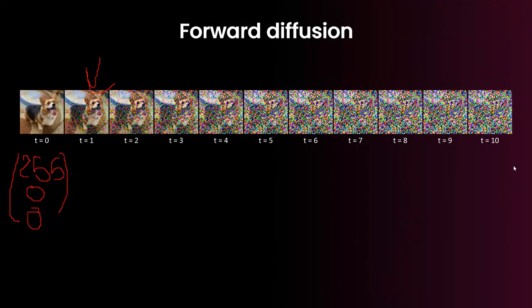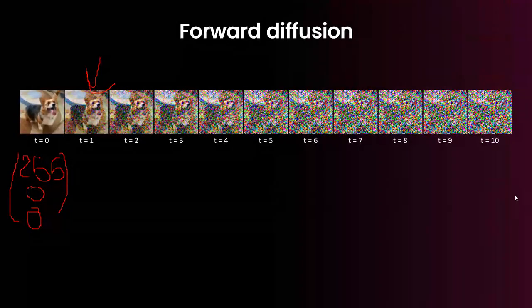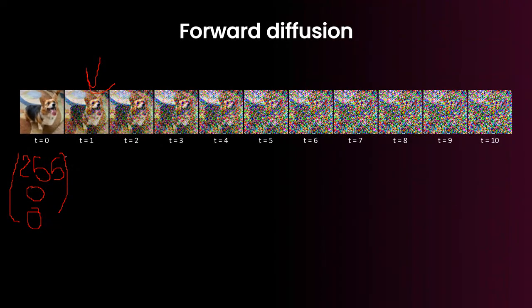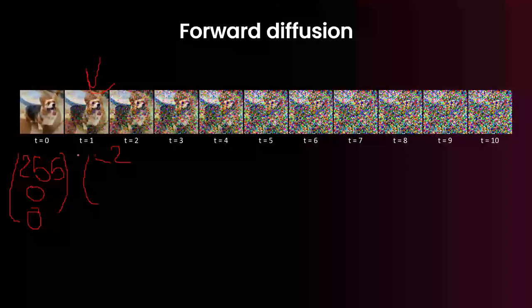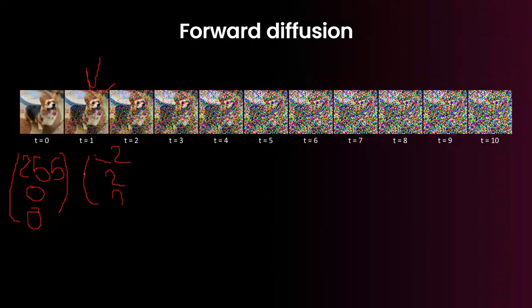Let's say we have generated these values to be -2, 2, and 0. This is the Gaussian noise values.